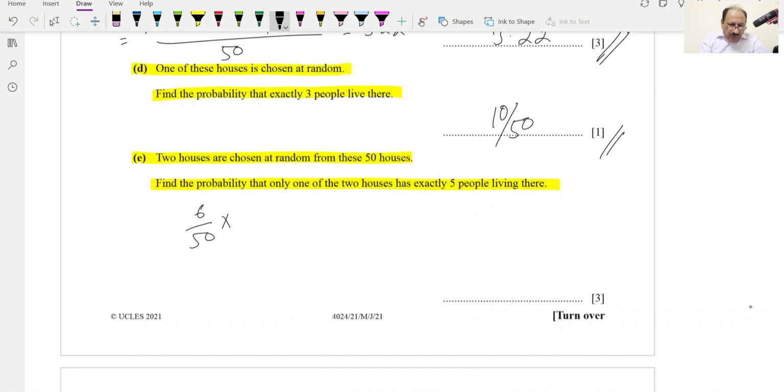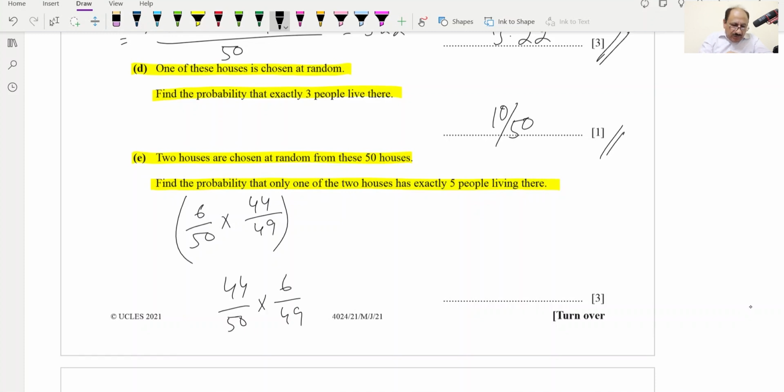This is for 5 people, and then the second place will be for other than 5 people. So other than 5 people are 44 out of 49, remaining is 49. And the second option can be 44 over 50 and 6 over 49.